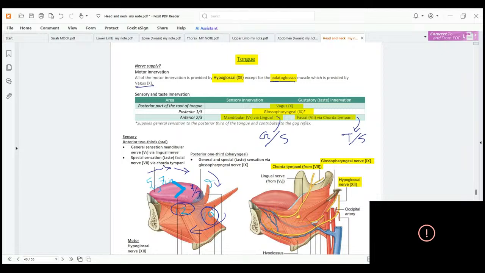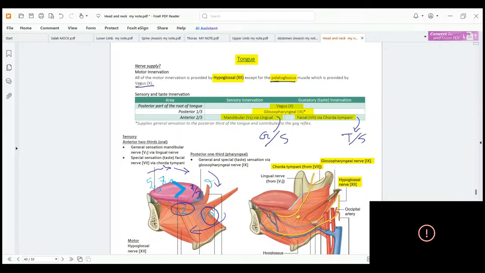Mandibular is V3, the mandibular division of the trigeminal nerve, which means 5. So general sensation via the mandibular division of the trigeminal nerve, then special sensation, taste, via the chorda tympani. Chorda tympani is a branch of the facial nerve.